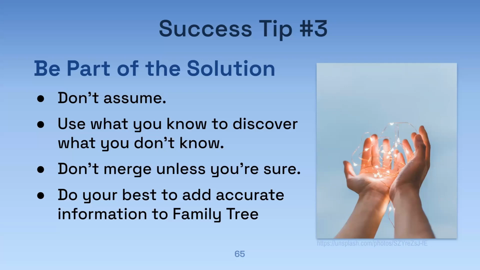We can be part of the solution instead of creating problems in Family Tree by following these suggestions. Don't assume. Try to find the best evidence you can, but don't just jump to conclusions. Use what you know to discover what you don't know. Don't do a merge unless you're really sure that it's right.